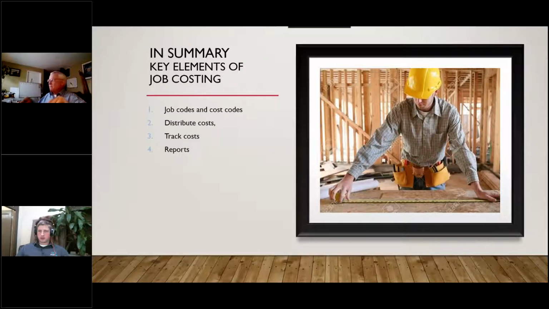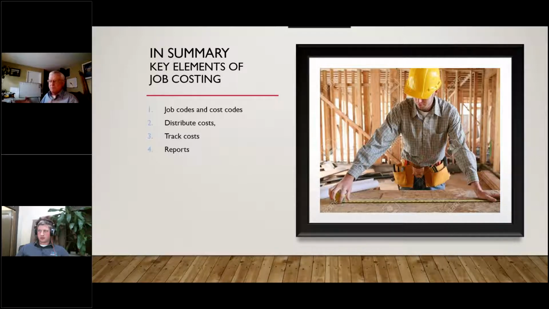In summary, the key elements are job costs, job codes, cost codes. So establish all this stuff up front. Distribute the cost between your estimate, budget, and GL, and make sure it all flows nice and neatly.